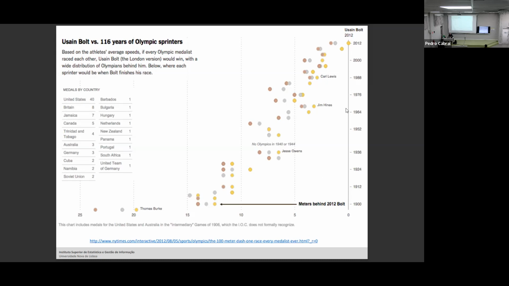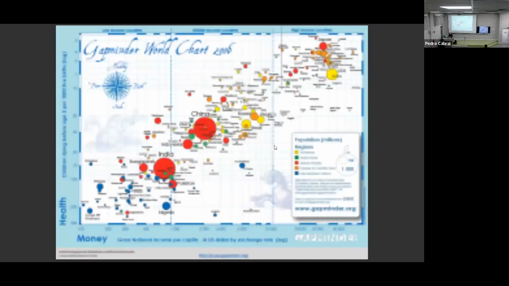We are using as channels the spatial, horizontal, and vertical position. We are also using color for a categorical attribute. In this case, it's the type of metal, if it's gold, bronze, or silver. So this is an exercise that is useful for starting to apply these data visualization concepts.